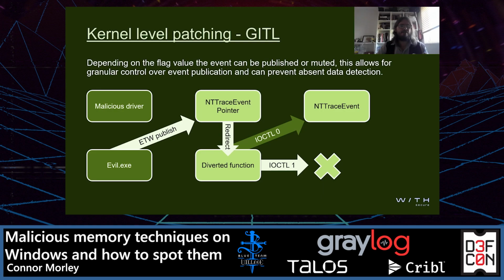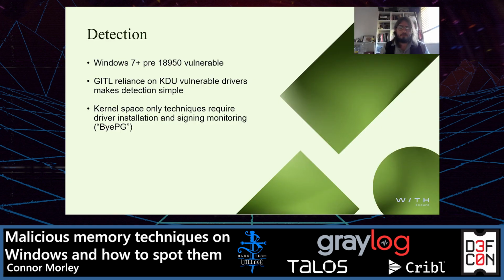So if you find that there's a process running, but there are no ETW entries for that process, you know that manipulation or malicious action has taken place. But by using Ghost in the Logs, you can actually prevent that and publish benign events and keep secret malicious events from a user land control to a malicious hook that's been implemented, which is really, really cool.